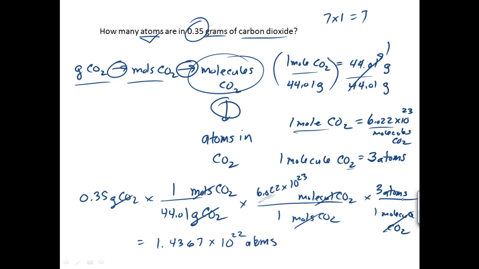And then the 1 to 3 ratio here, that is a counted thing. That's got an infinite number of significant figures. So we should only have 2 significant figures in our final answer. So we look at the 1, we look at the 4, we look at the 3 adjacent to the 4. It's less than 5, so we round down. So my final answer is going to be 1.4 times 10 to the 22nd atoms.